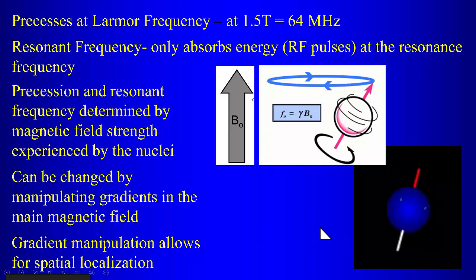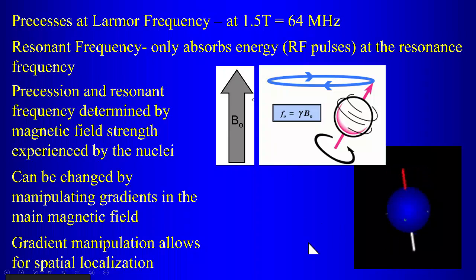Most of that magnetic field is from the main magnetic field itself, but some of it is also determined by how this field is affected by the surrounding tissue. So the surrounding tissue may accentuate the field that this proton experiences, and if it's increased by the surrounding tissue, added to the magnetic field, what happens to the resonant frequency?